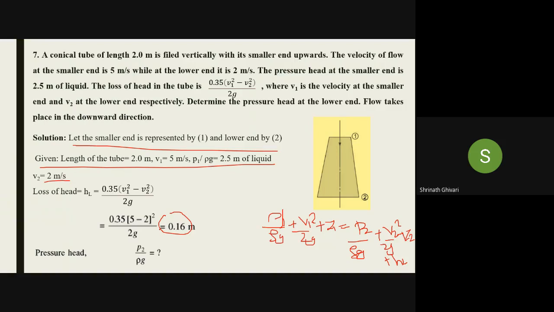And this problem is a bit easier compared to the previous problems which we have done.